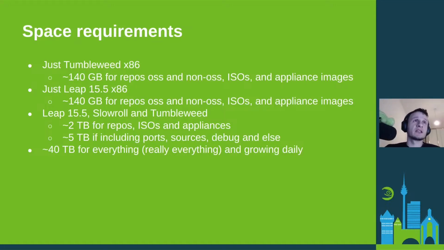If you want one stable Leap like 15.5, Slowroll, and Tumbleweed, you'd have around 2 terabytes for the repos, ISOs, and appliances, and 5 terabytes if you want to include ports, source, debug, and everything else basically. And if you really want to host everything, you would need, I believe, around 40 terabytes, but that grows daily.